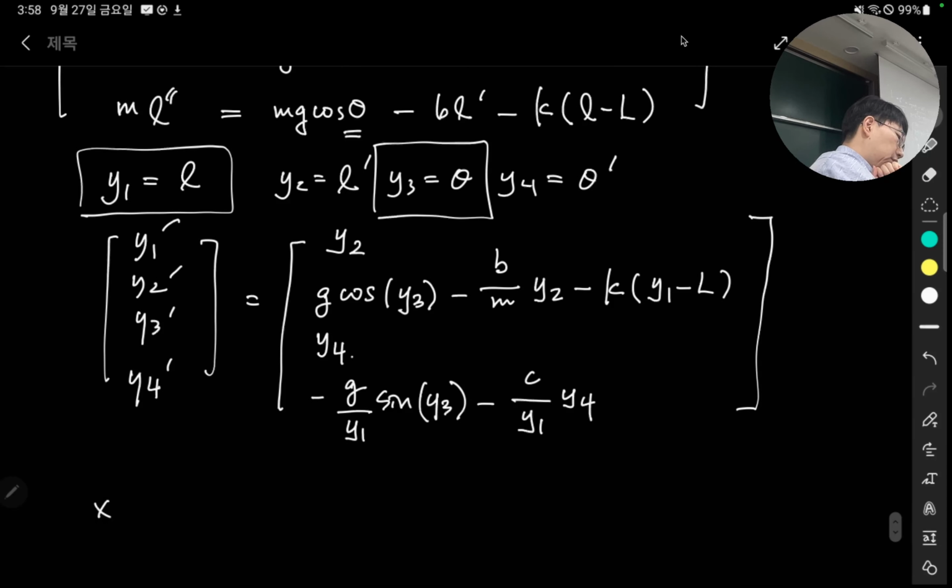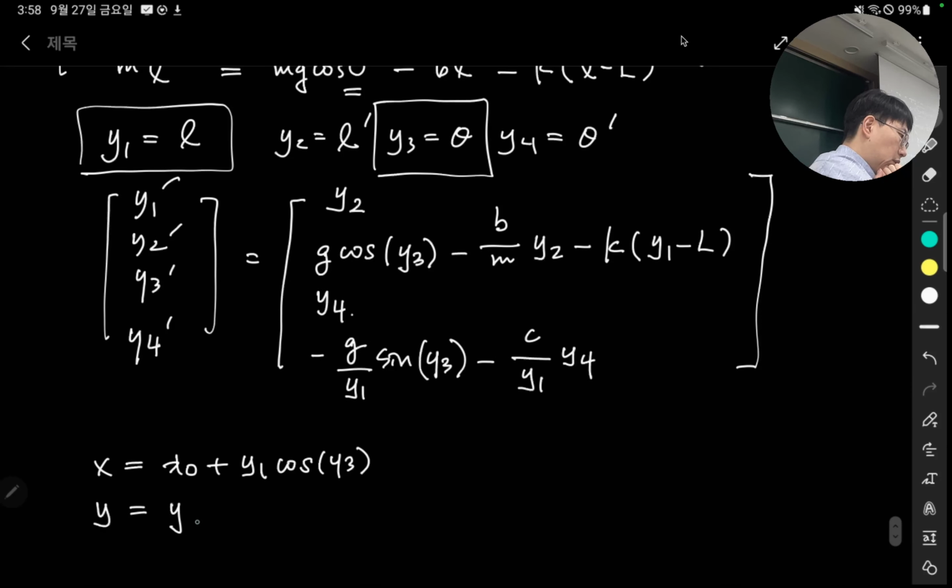So x is going to be x0 plus y1 times sine y3, and y is going to be y0 minus y1 times cosine y3. Actually, the notation is confusing, but I will just finish writing.